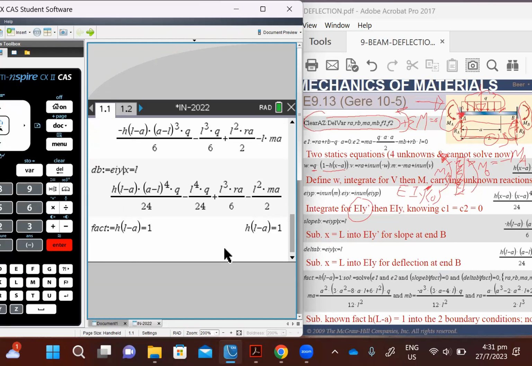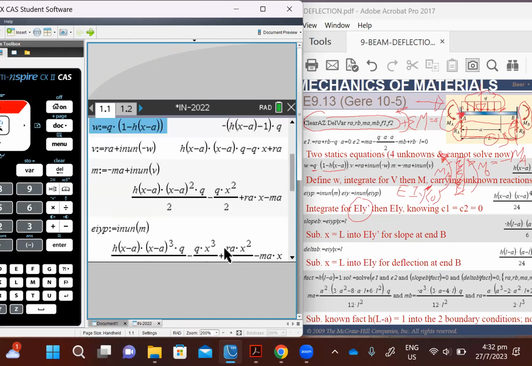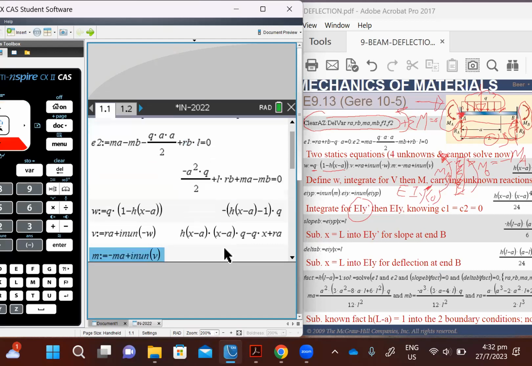Now, what do we want to do? That's the final step. We want to get all the unknowns solved for. So you've got 4 unknowns, right? What are your unknowns at this point? The 2 reaction forces and 2 reaction moments. You need 4 equations. You already had 2 equations. They were called E1 and E2.